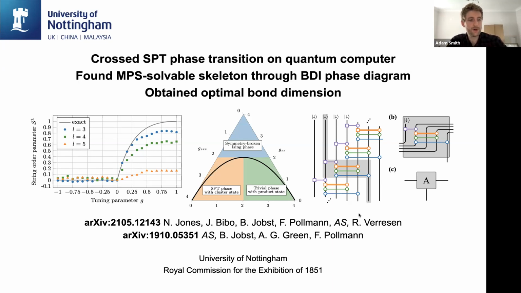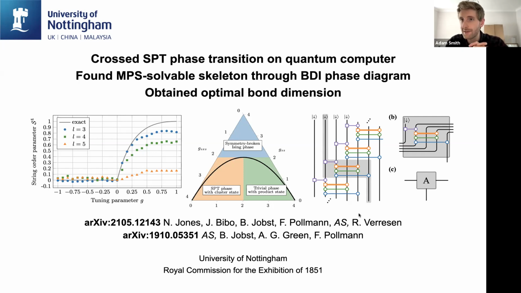So one good reason is that these are representative states, like the AKLT state. We should think of this maybe as a starting point. So once we're on this black path, we can now apply a series of unitary gates that preserves the symmetry. This will keep us within the same phase, but it will move us off this black path.